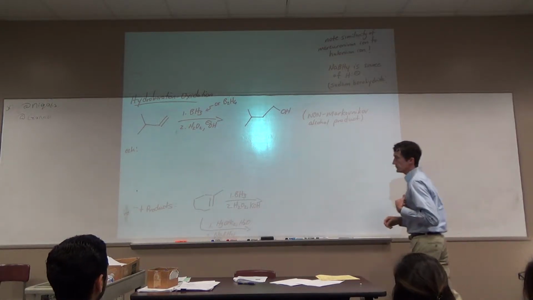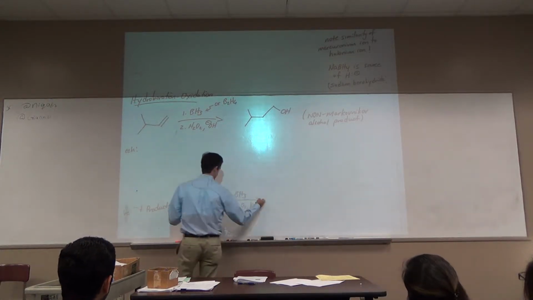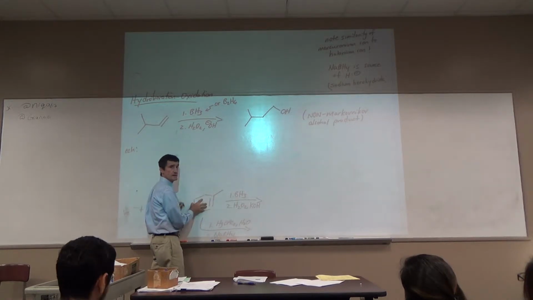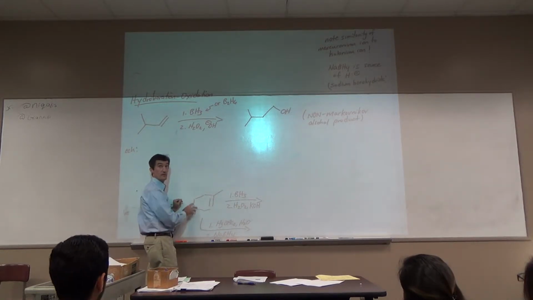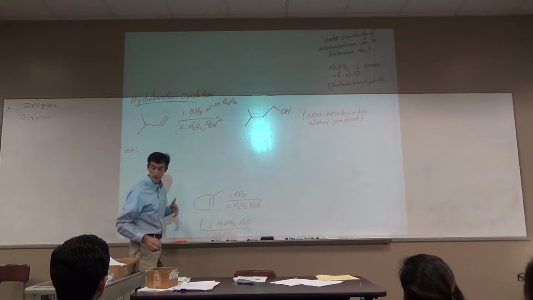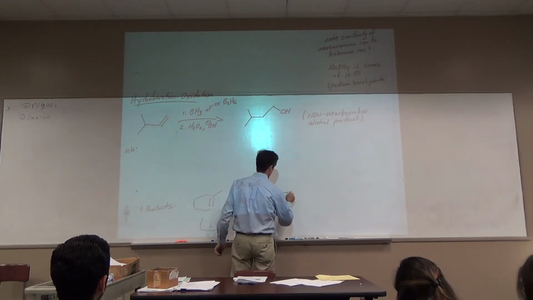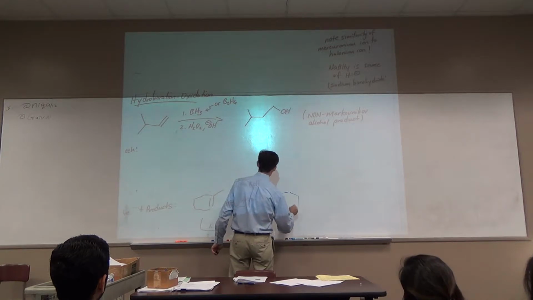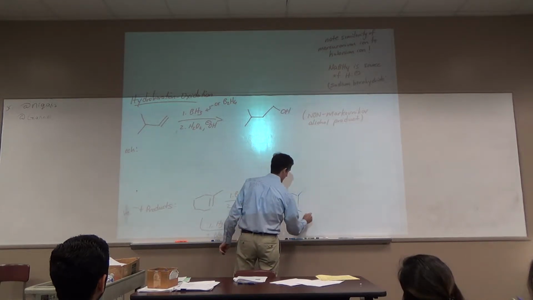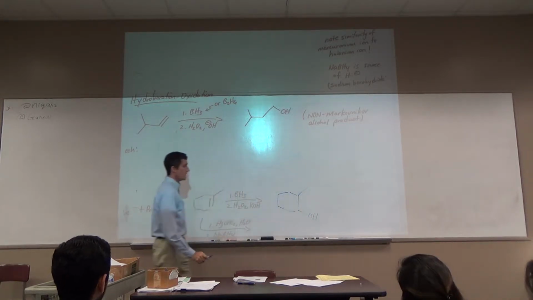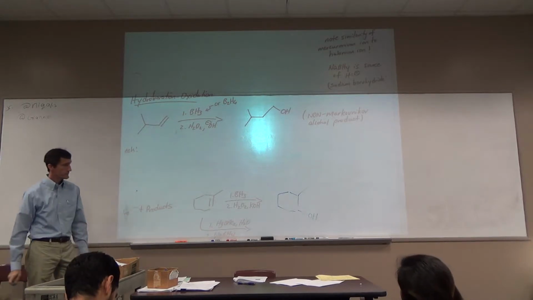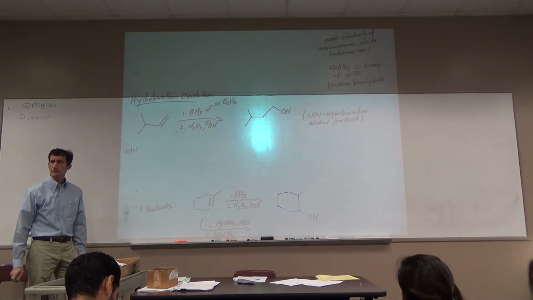Okay, how do we do on this one down here? First off, what does this do to an alkene? Anti-Markovnikov hydration. Okay, we can draw our product with no stereochemistry. What's the product going to be? There you go. How do we get to that point?